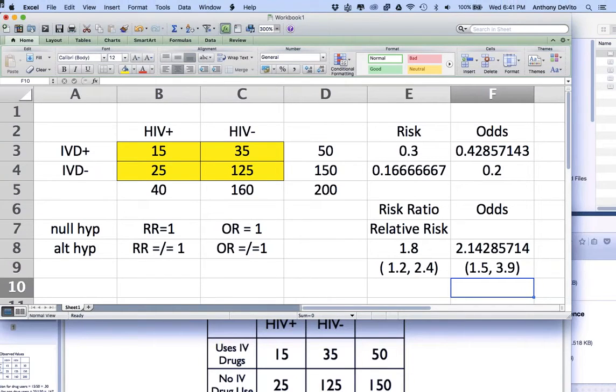Well, why didn't I just stop at chi-square? I didn't stop at chi-square because the relative risk and the odds ratio give us a very intuitive, easily explainable picture of how important this exposure is. It looks like you're twice as likely to be HIV positive if you're an IV drug user than if you're not an IV drug user in this population.